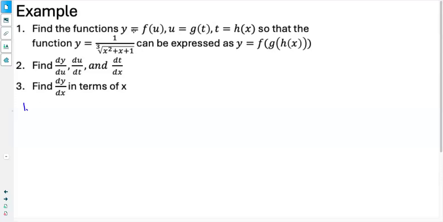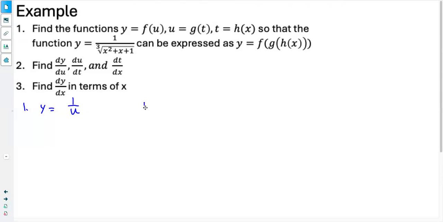So this first one would be our overall outer function. So that would be this fraction here. So I would say that y is equal to 1 over u. Well, I would say the next function is this one that encompasses all of this inside. So therefore, the next function is u is equal to g of t.